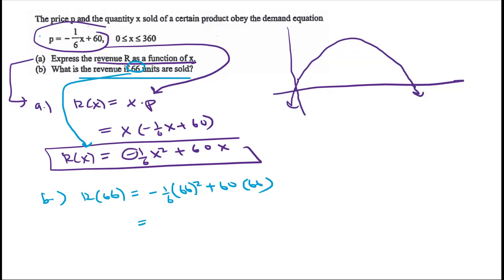For the first part here, we should get negative 726. The second part here, we should get positive 3960. And then our result will be $3,234. So if we sold 66 units, we would get $3,234.